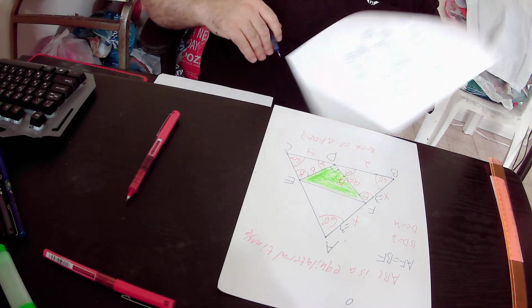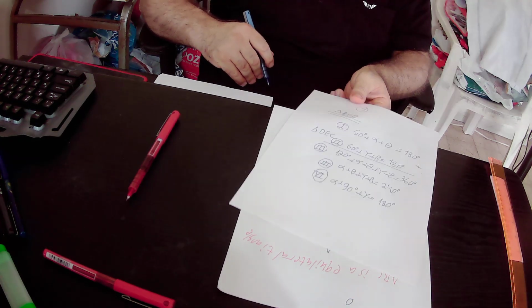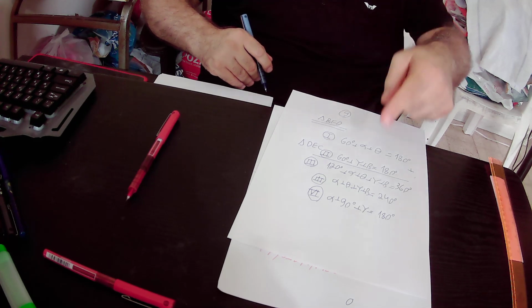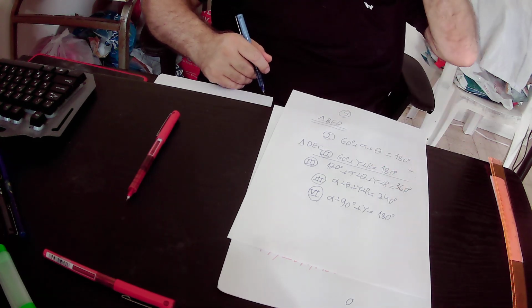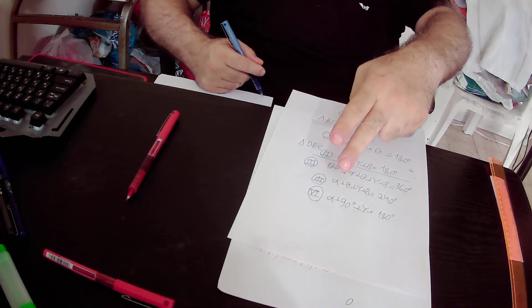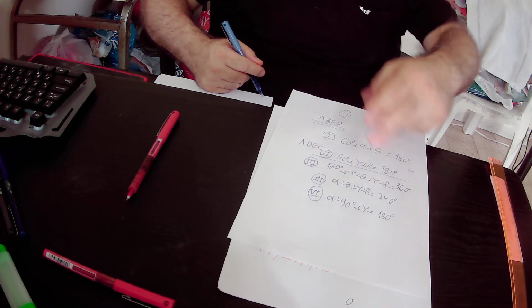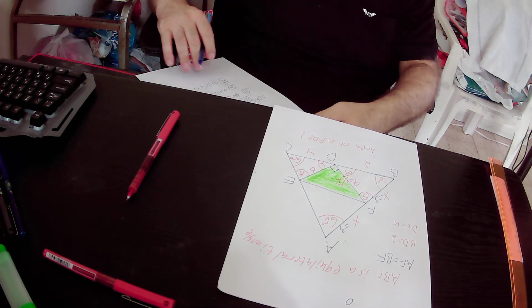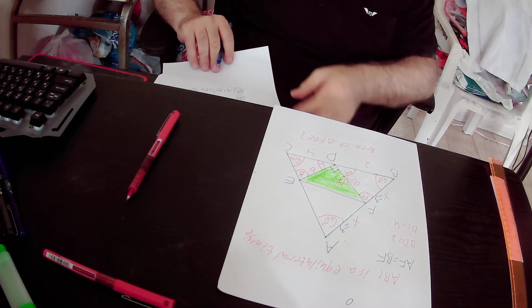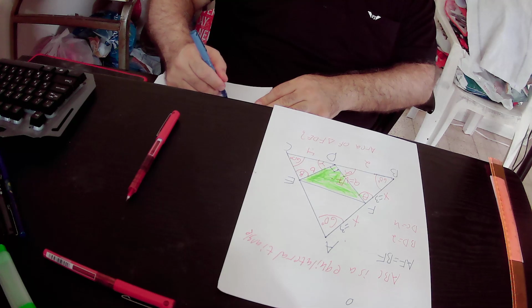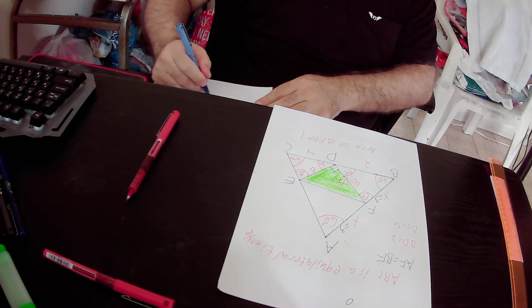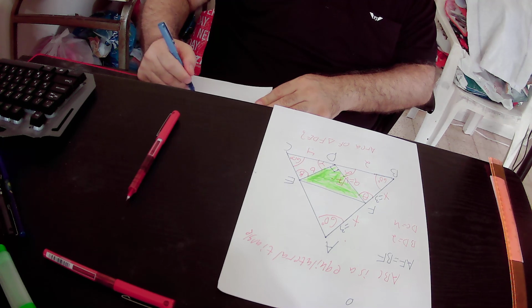Okay, our fourth equation is alpha plus 90 degrees plus gamma equals 180 degrees. We will subtract 90 degrees from equation number 4, and we will get that alpha plus gamma equals 90 degrees.